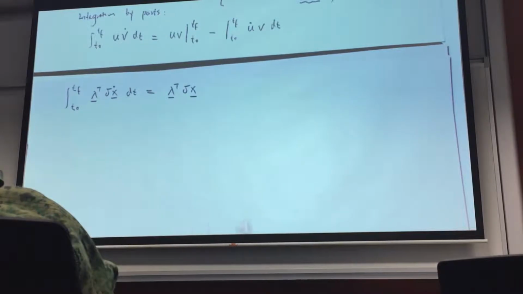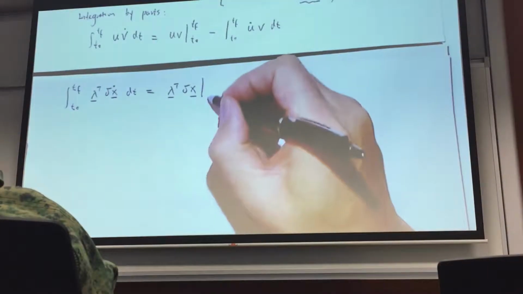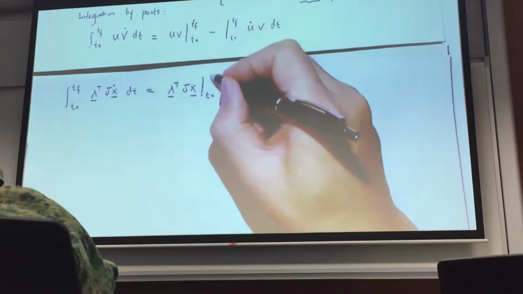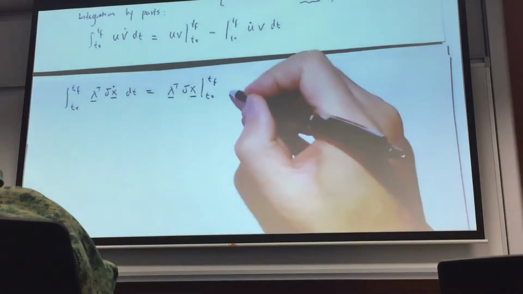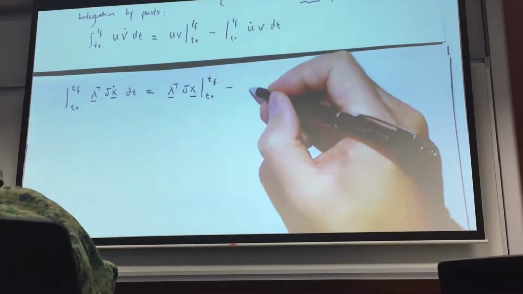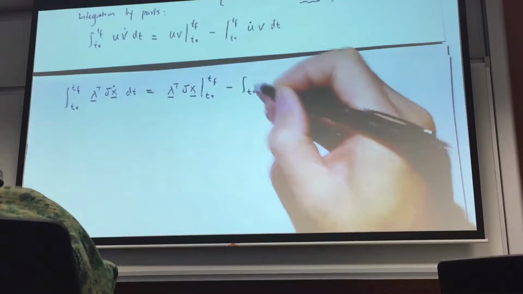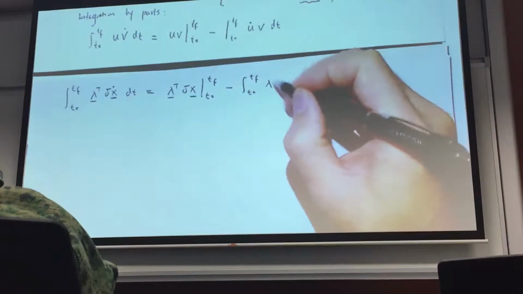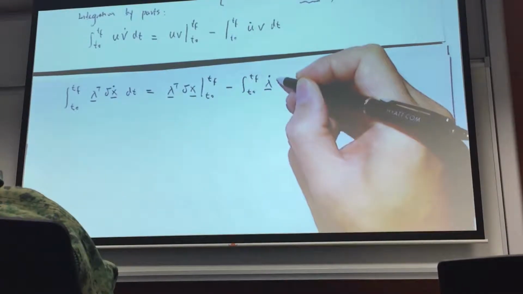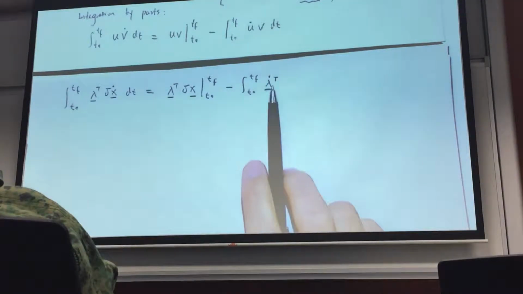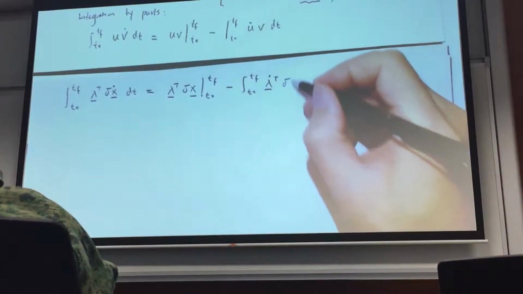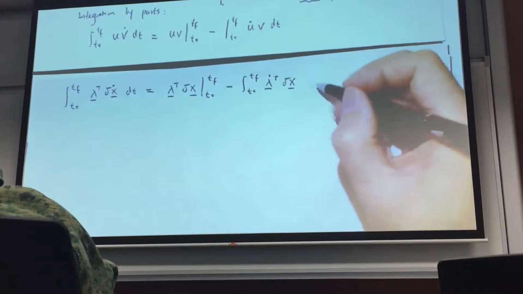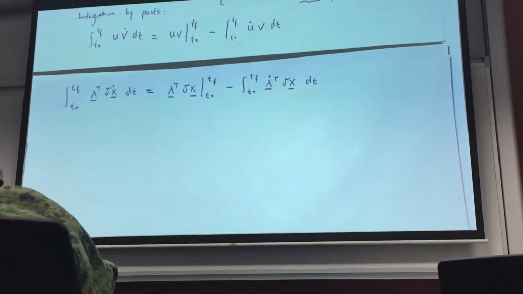So this one evaluates the boundary from t0 to tf, minus the integration from t0 to tf of lambda dot. So we can shift the derivative to lambda, delta x dt.